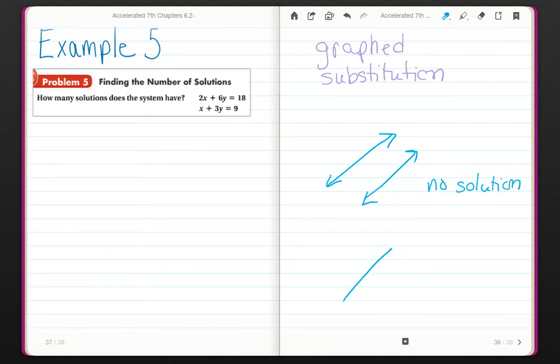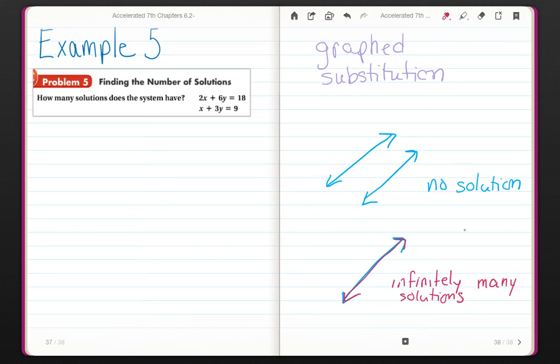Sometimes two lines are exactly the same. And if those two lines are exactly the same, then there are infinitely many solutions. Every point on one line is a point on the other.